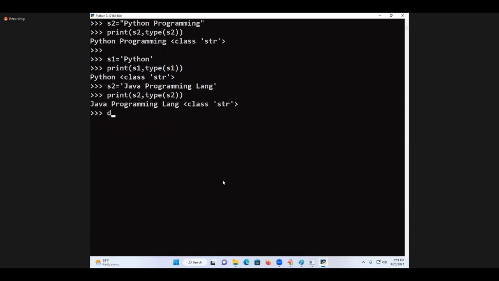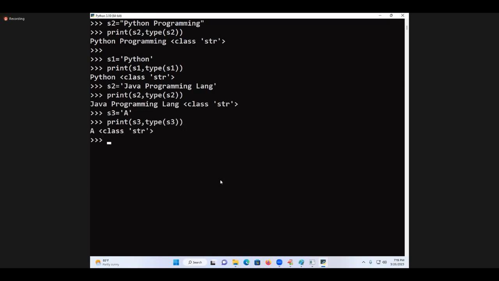Right. Take care. s3 is equal to single quote A. What is this? Char. Single letter. Even though it is a single letter, it is not treated as a char data type. It is still str only.